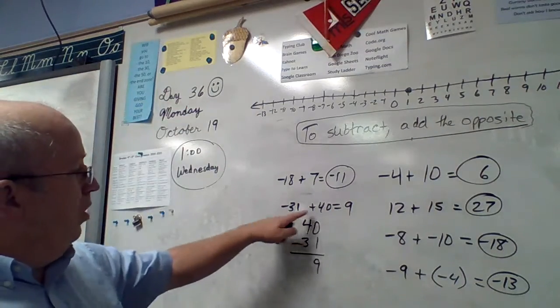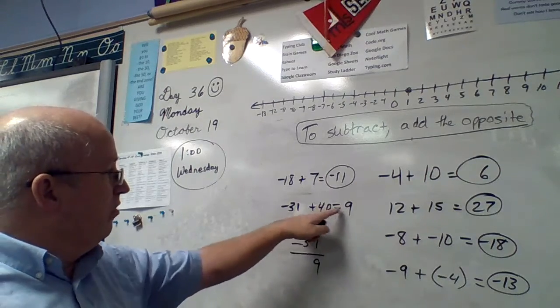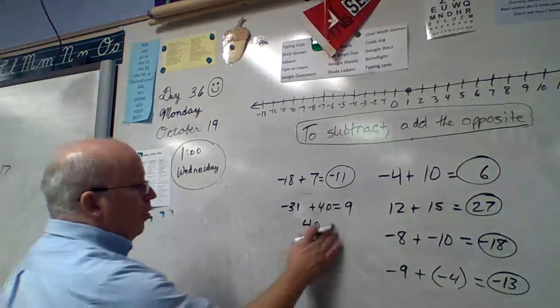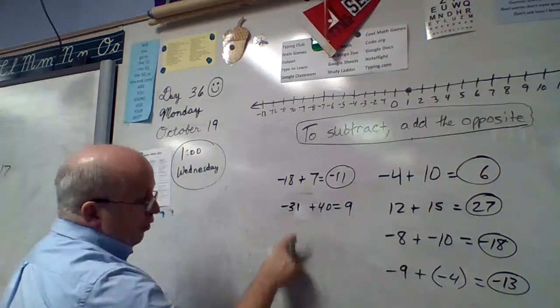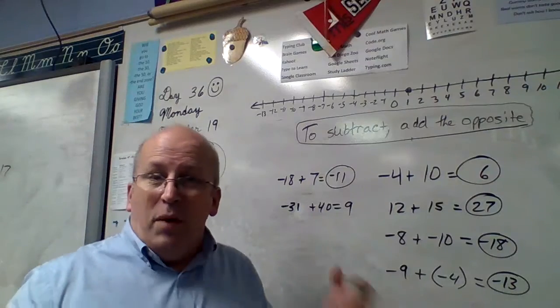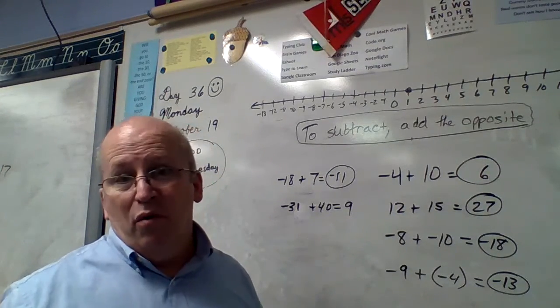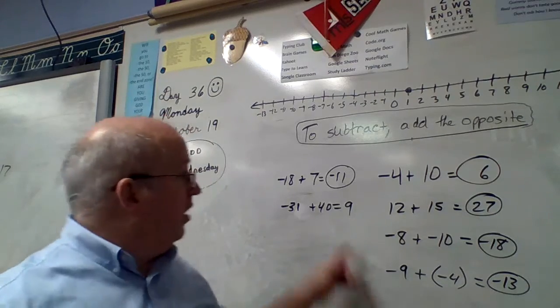Well, which one of these numbers had the bigger absolute value? This one does, so my answer is positive. Or we think about 31 negative symbols and 40 positive symbols. When we pair them all up, what are we going to have left over? We're going to have left over more positives, right? So it's got to be a positive 9.